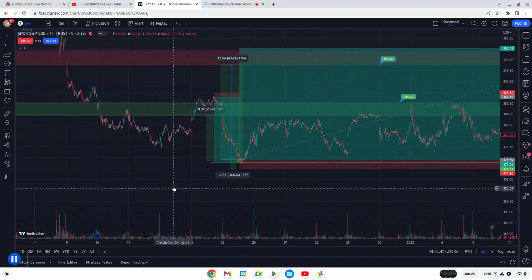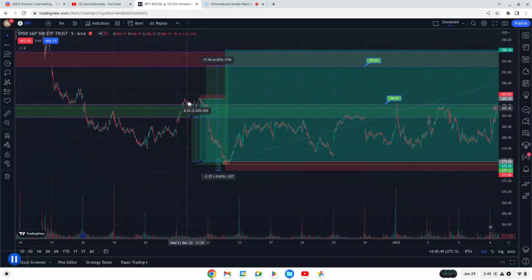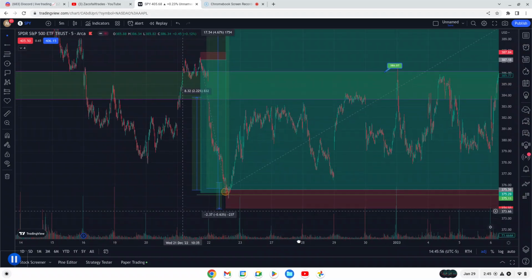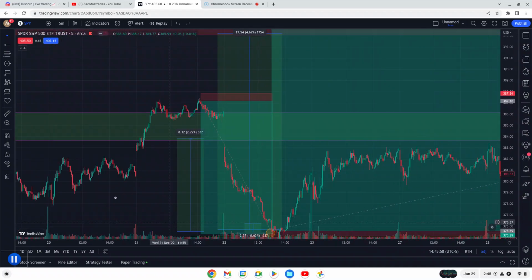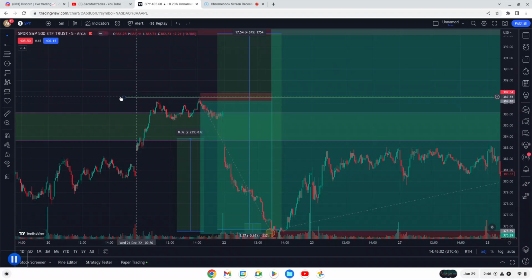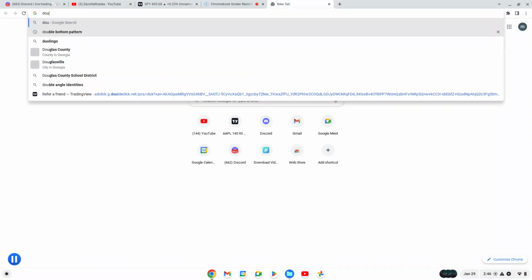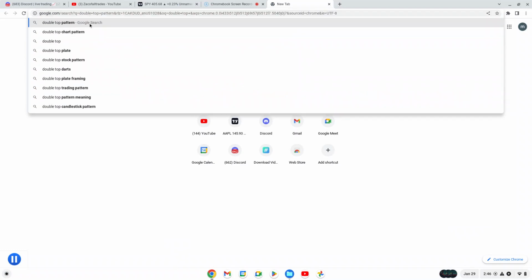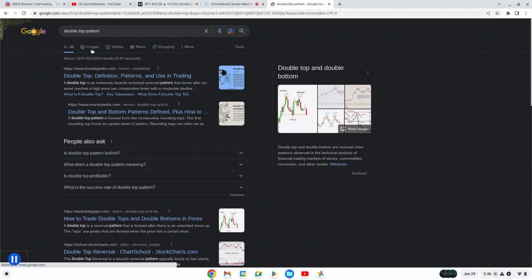And if you were trying to play puts to the downside, you see right here, well, really giving y'all the T. This is like a double top. And this is a double top right here. I'm going to show y'all real quick. Double top pattern. That's cool, all right.